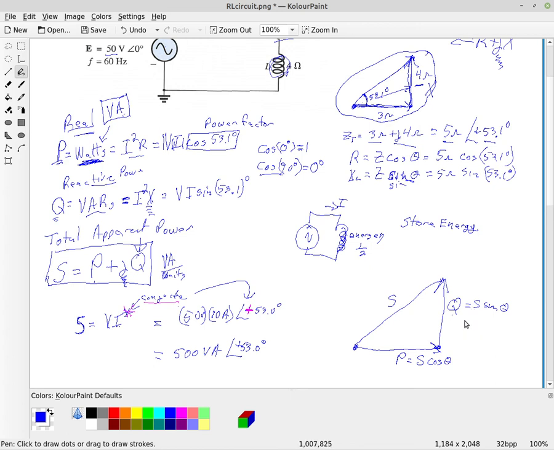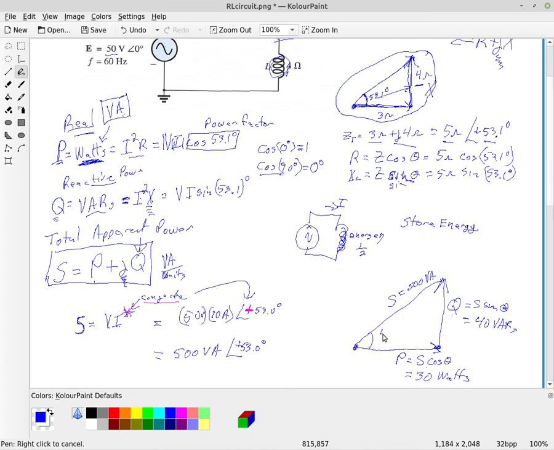This one here is going to be S times the sine of our angle theta, which is going to be 40 VARs, because this is volt amp reactive. And this one down here is S times the cosine of theta, which is going to be 30 watts. And this up here, our S, is our apparent power, which is 500 volt amperes.